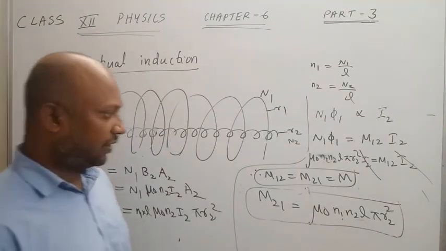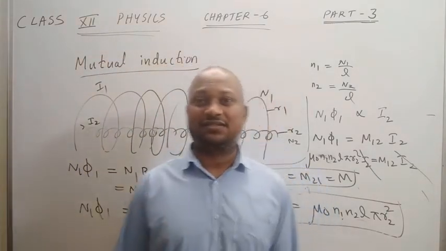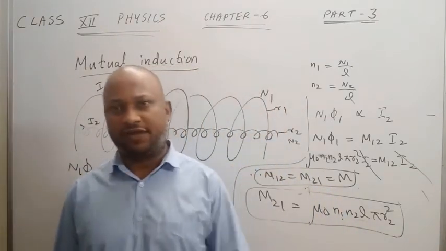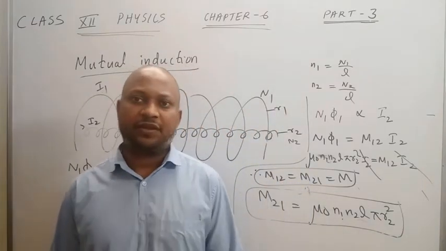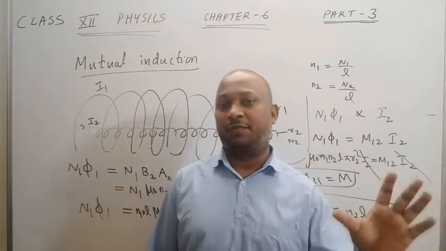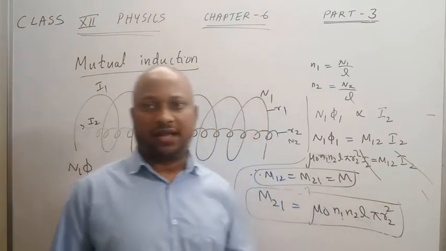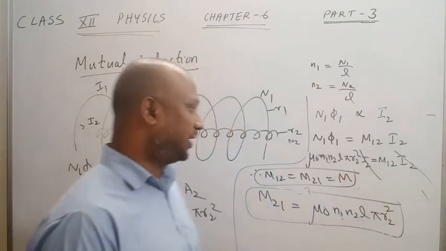And Faraday, we have already learned in capacitors, the unit of capacitance is Farad, in honor of Faraday. Or in honor of Henry, we write it here, Henry itself, capital H. Henry is a unit of mutual inductance.